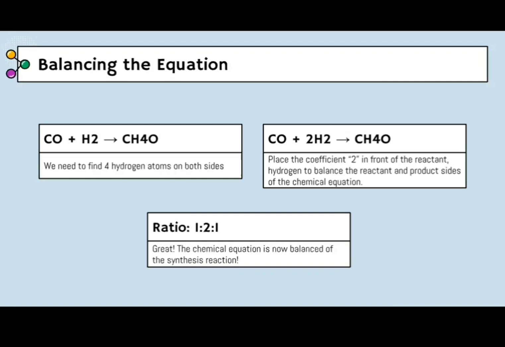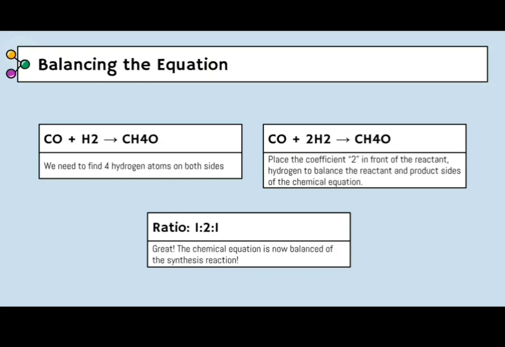The reactant has only 2 hydrogen atoms, and on the product side there are 4 hydrogen atoms. So by placing a coefficient of 2 in front of the reactant hydrogen, we balance the reactant and product sides of this chemical equation.